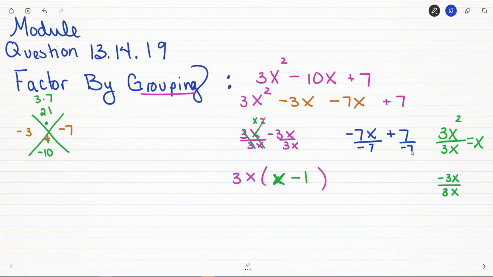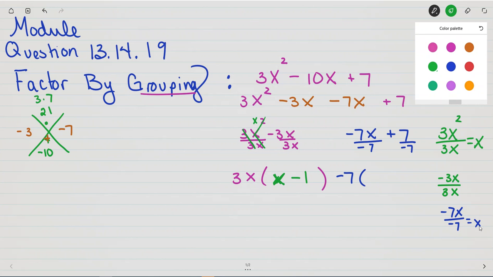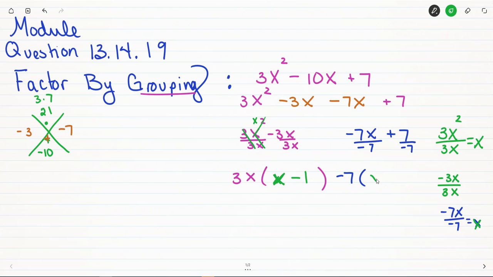I'll show you why in just a minute, because that might be what went wrong when you did this. But when I take the negative 7 out, negative 7x divided by negative 7 is going to give us x. Seven divided by negative 7 is negative 1.